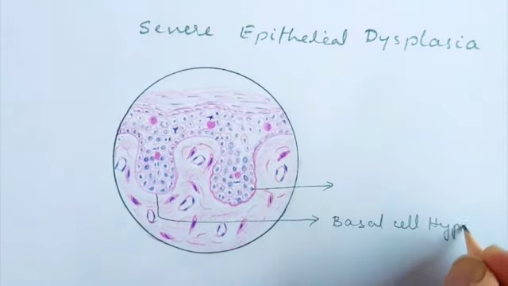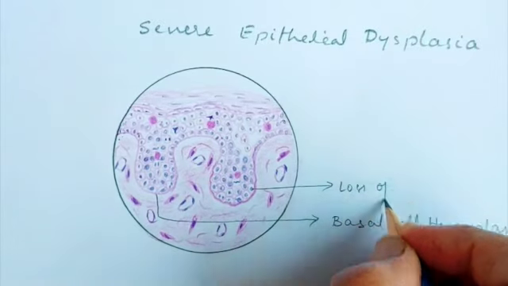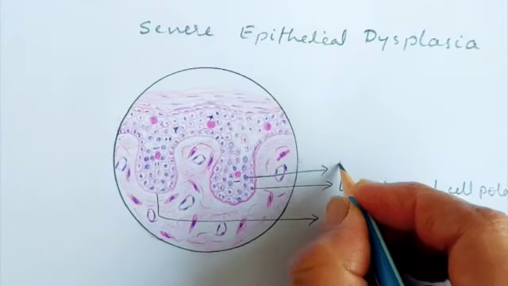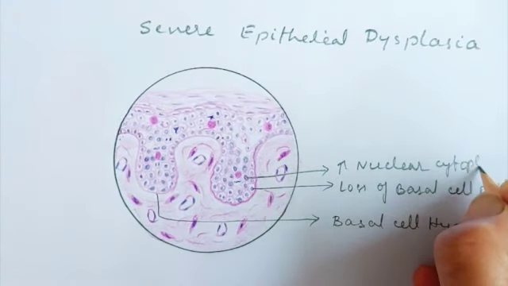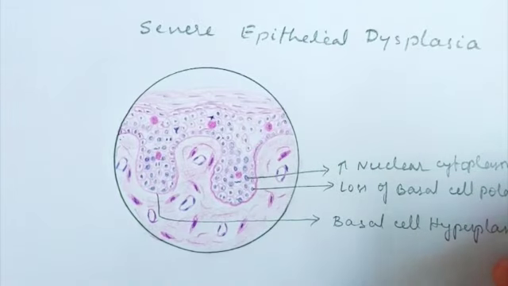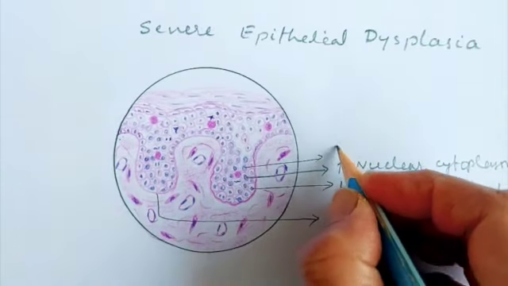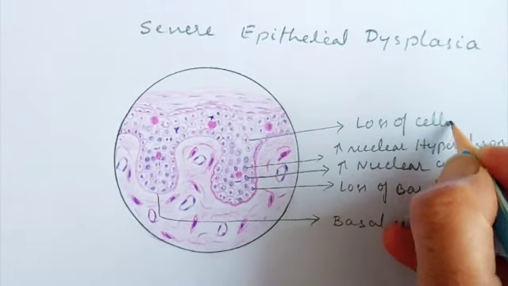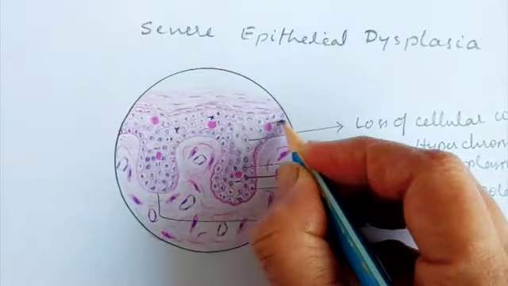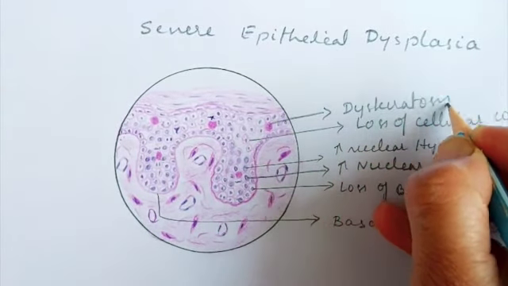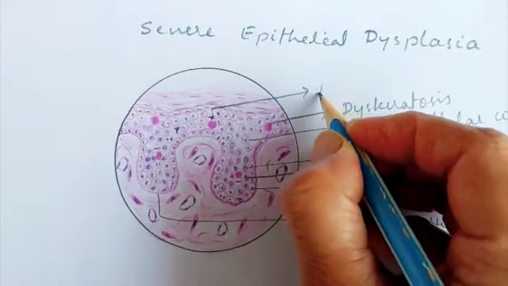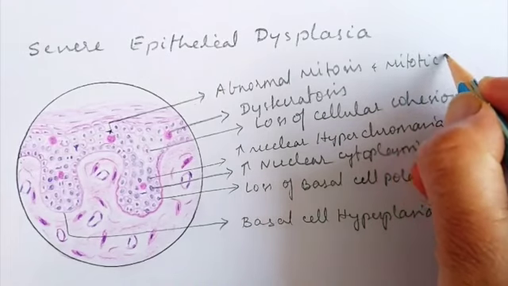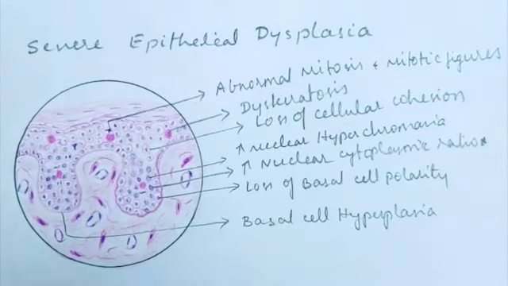Here, basal cell hyperplasia, the features: loss of basal cell polarity, the increased nuclear cytoplasmic ratio, increased nuclear hyperchromasia, loss of cellular cohesion, dyskeratosis or individual cell keratinization, abnormal mitotic figures, and abnormal mitosis too, because you are seeing mitosis in the superficial layers.